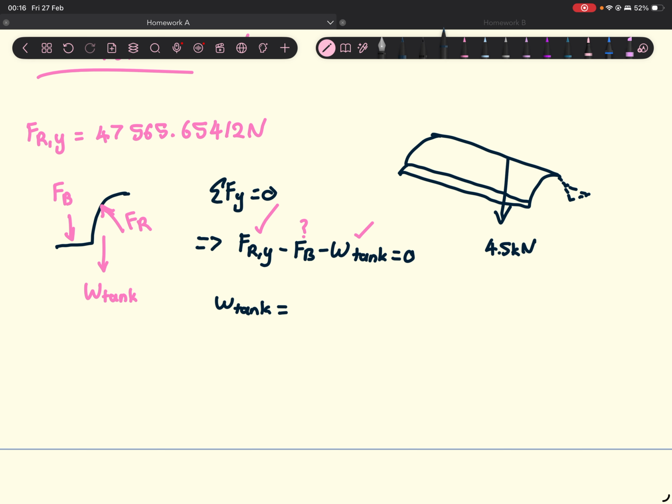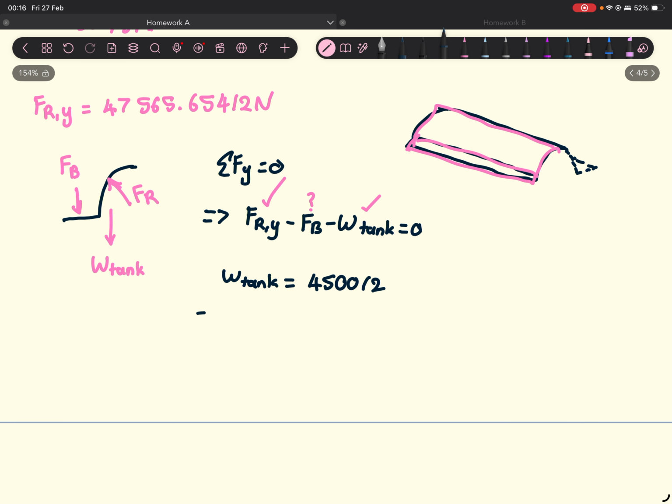So we just need to half that to get this portion here. Hope that makes sense. So we're going to say 4,500 divided by 2. That's the weight of the tank, or at least the portion that we're dealing with. Cool.